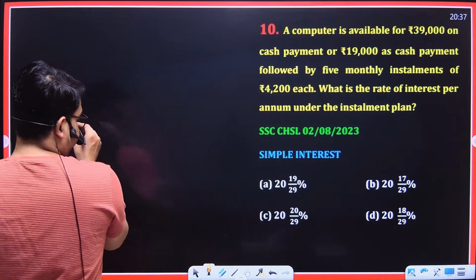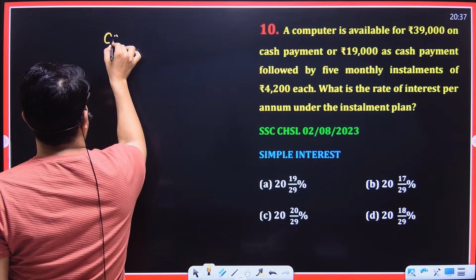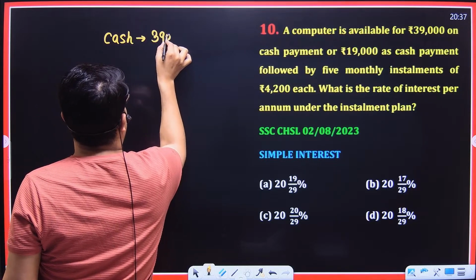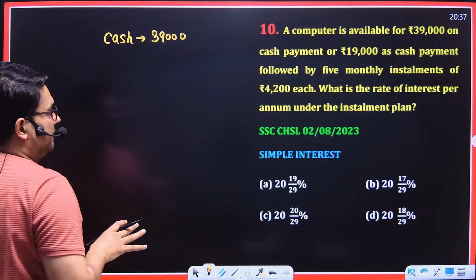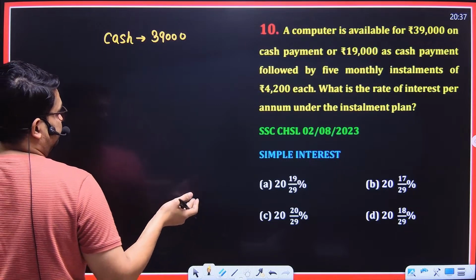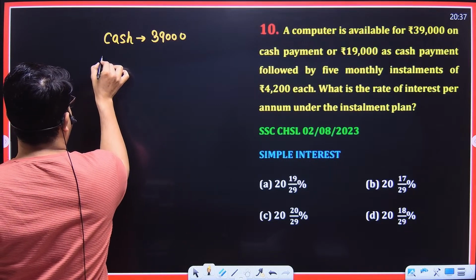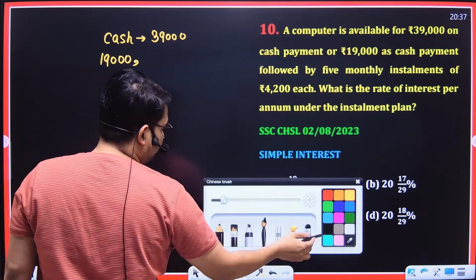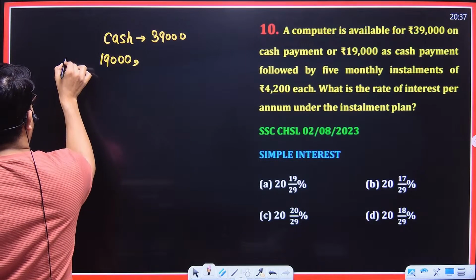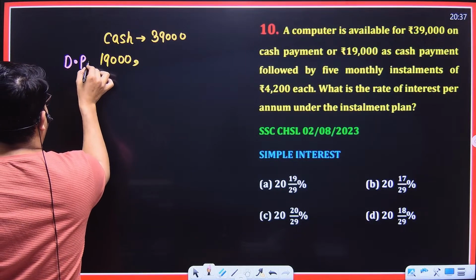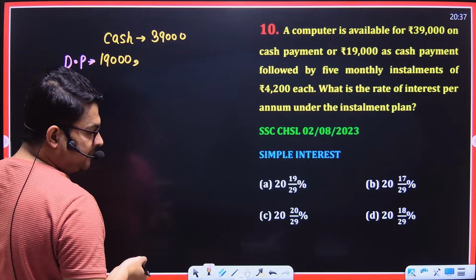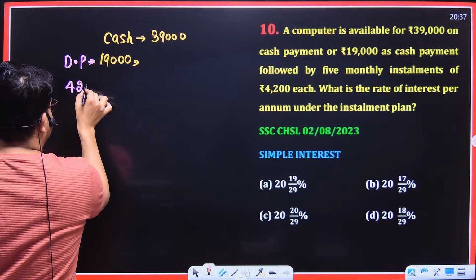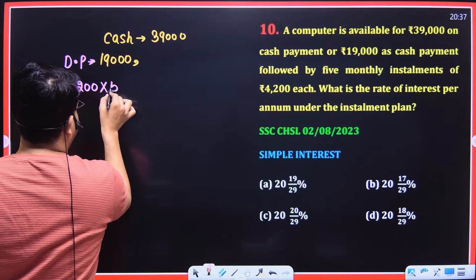See, if you want to buy in cash, then you have to pay 39,000. But you have another condition. If you want to buy it on an installment plan, then you have to make a down payment of 19,000, and then you pay 4,200 installments for 5 months.